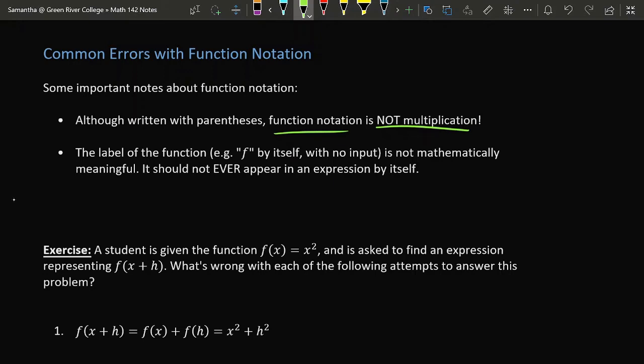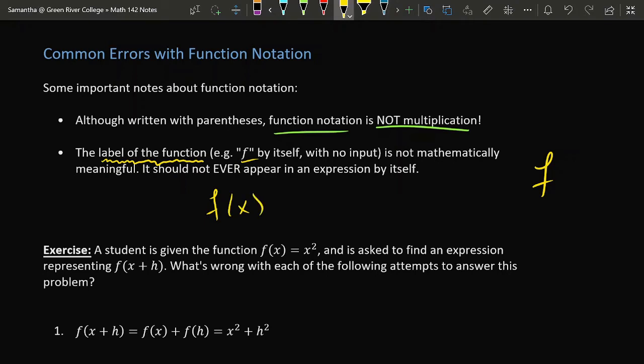Another note that can help you sometimes is that if you ever encounter the label of the function, for example f by itself, if f by itself ever appears in your expression or your equation, something's definitely wrong. You should never see a naked f in your equation. It's violating public decency rules. Let's say that. f always has to be paired with an input.